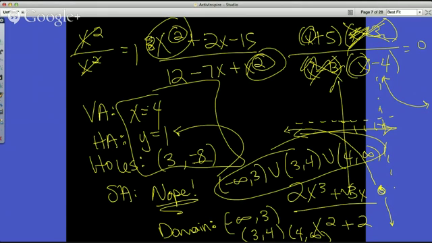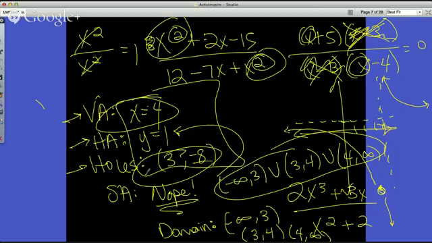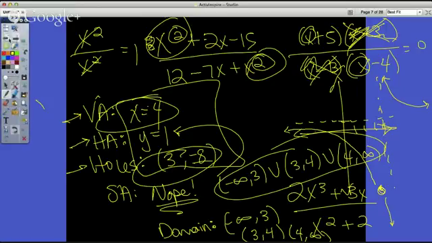I would, because that would help me determine what that domain is. Really, what are the only things that matter with domain? My vertical and my hole. But I just wanted to make sure I went through everything just in case. Does that make sense, y'all? That makes sense, Hunter?